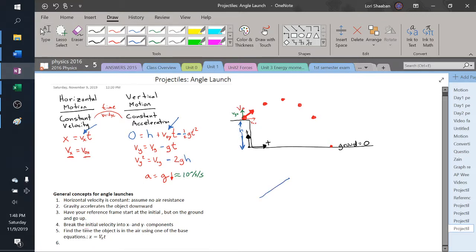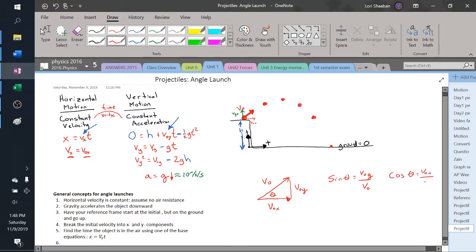If we have an initial velocity, let's start with red, just at an angle, we could break it up into initial velocity in the x and initial velocity in the y. We could go back to geometry class, and we know that the sine of the angle is equal to velocity in y over the hypotenuse, and the cosine is the velocity in the x direction over the initial velocity, kind of the hypotenuse.